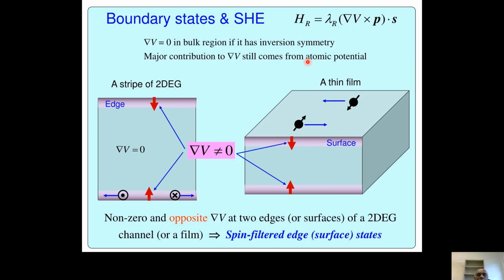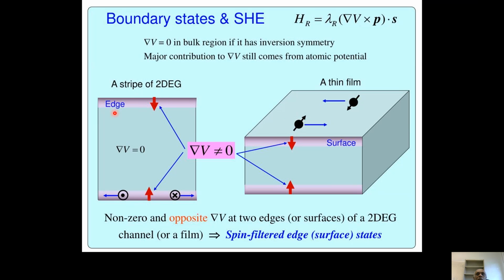Then this we already talked about, coming from the Rashba effect, right? So you have E coming from this delta V, then we have p dot S. We know inside, your delta V is 0. But then you only have these edge states, right?